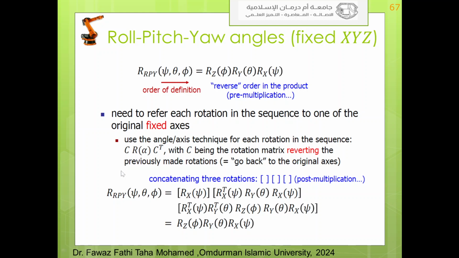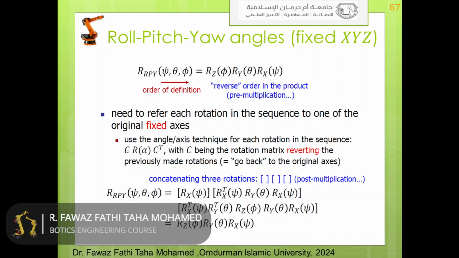So C is reverting the previously made rotations to make our frame aligned with the fixed axis, going back to the original axis.